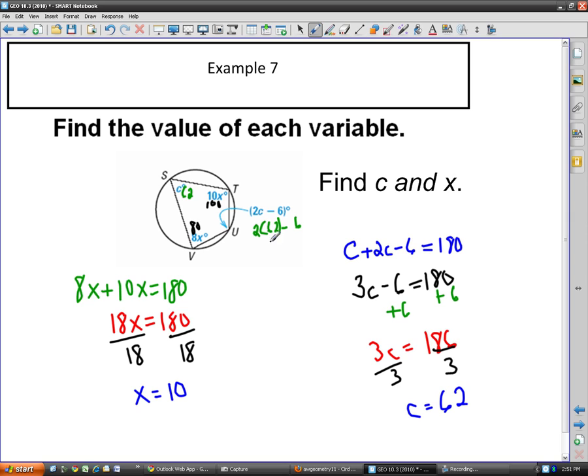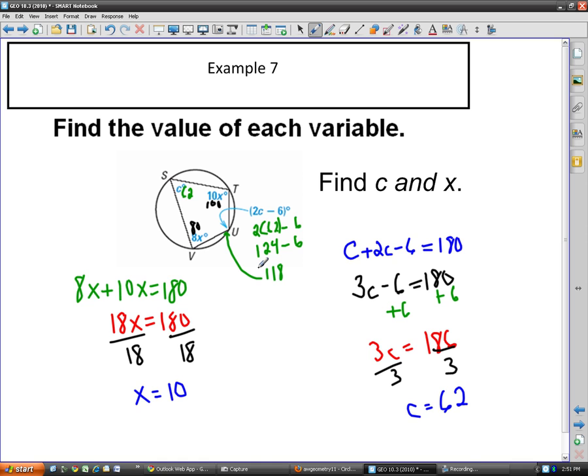If I subtract 6 from that, I believe I'll get 118 for that angle. And so that angle right there is 118. If I add 118 and 62 together, again, 180. So that's the way all of these work, and you can check your answers if you like as you go through these. All right, so then we're at the next one, and it says, again, we're trying to find x and y.